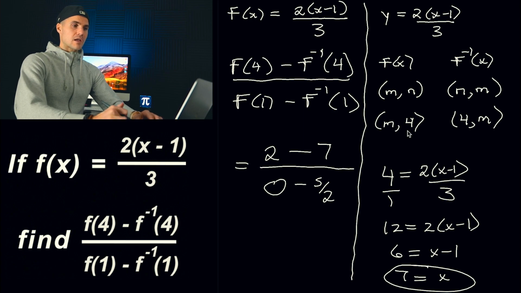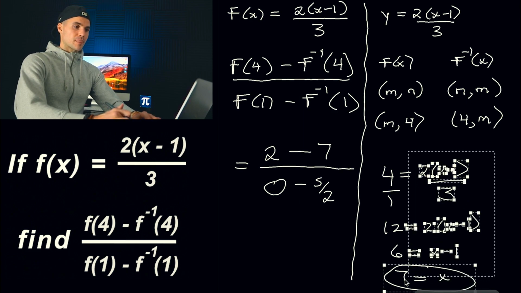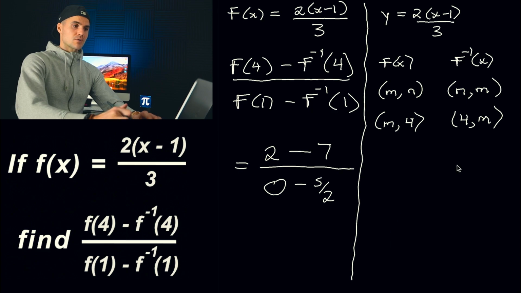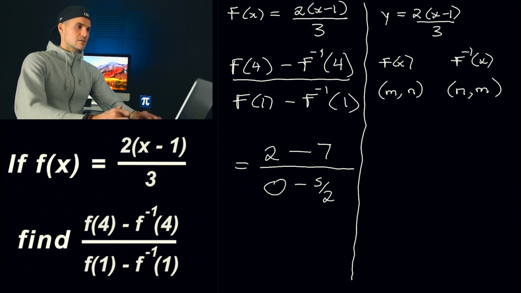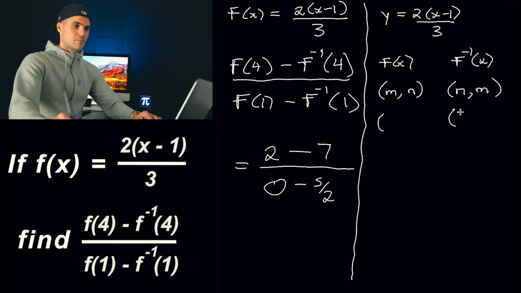And then same thing with the 1. You know what, I'm just going to erase all this here. Get some room. Instead of plugging in 1 into the inverse, you could plug in 1 for the y of the function and solve for the x value of the function.